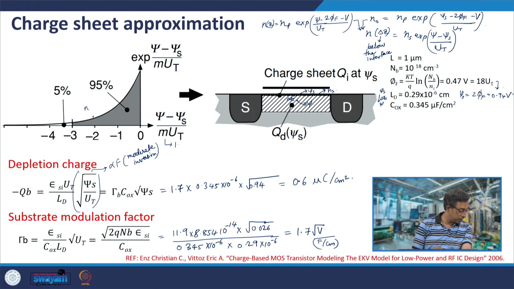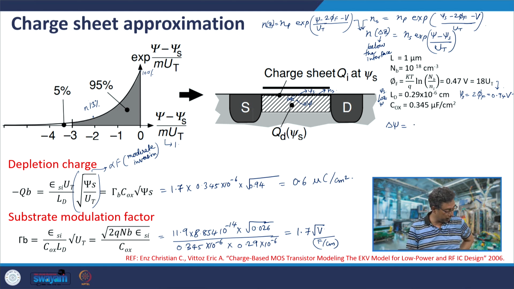So, e to the power minus 2 means how much in percentage terms? Approximately 13% of the value here. Here it is 100%. So, whatever is the value of inversion charge density here, you will have 13% of that value there. So, how much below the interface is this? We know that change in potential can be related to change in distance.